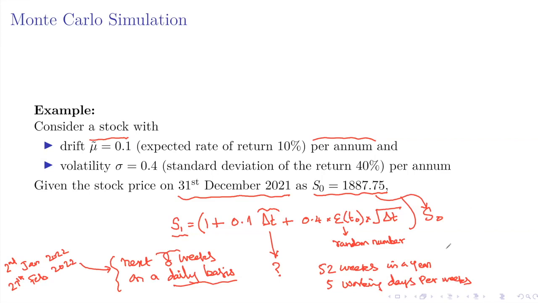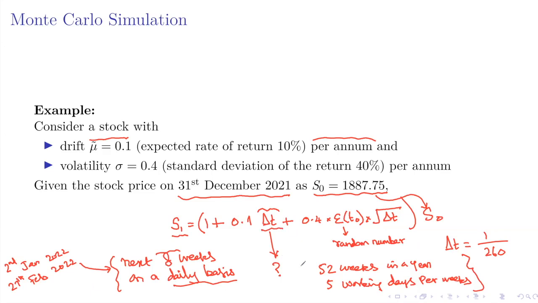You can see that delta t can be taken as 1 by, there are 52 weeks and each week has 5 days. Therefore, 52 into 5, 260 days are there in such a year.